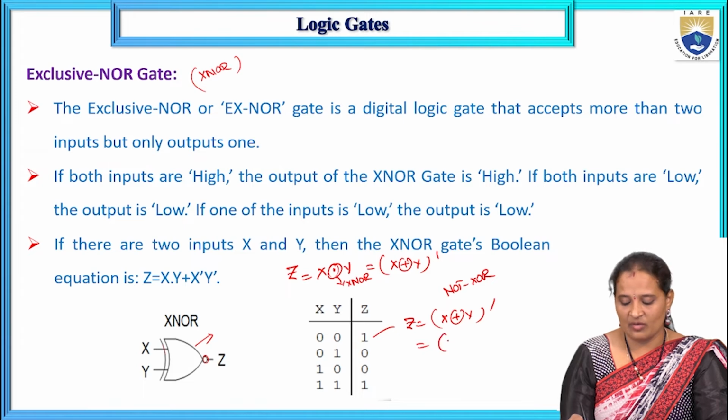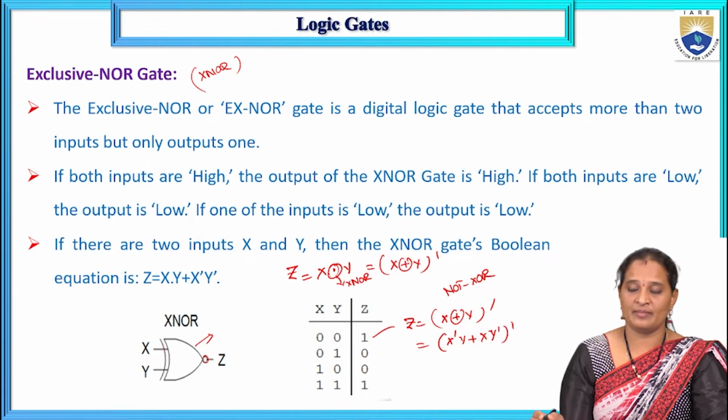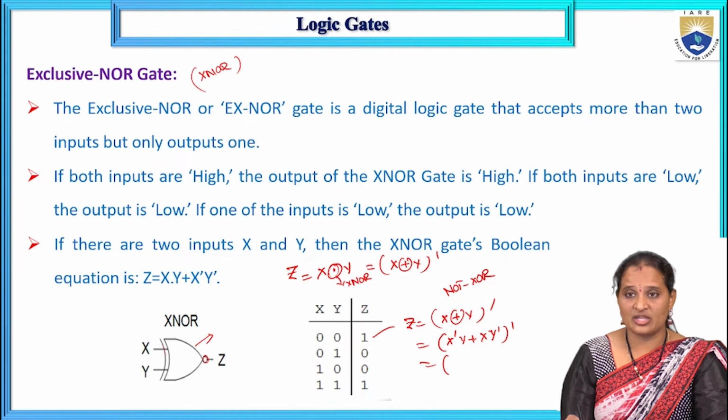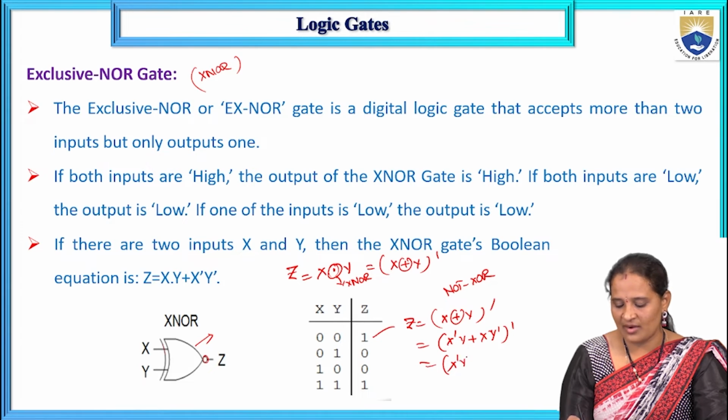So X XOR Y, we have already seen, is the expression X bar Y plus X Y bar, and now I am taking the complement of this. By applying De Morgan's law, plus changes to dot and dot changes to plus. So we get X bar Y whole complement dot X Y bar whole complement.